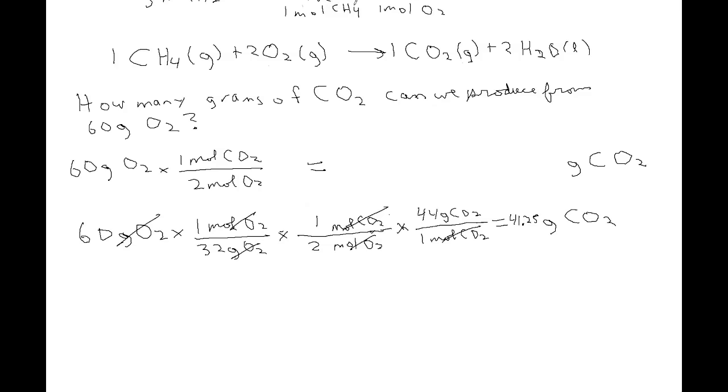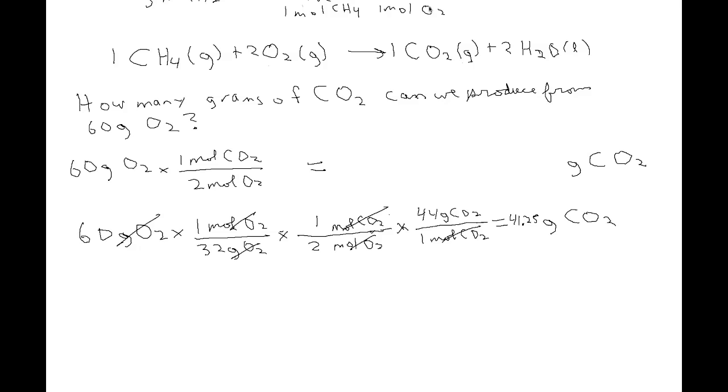But does that also mean that we have equal numbers of grams of both of these? If I have 1 mole of CH4 and 1 mole of O2, does that mean I have the same number of grams?